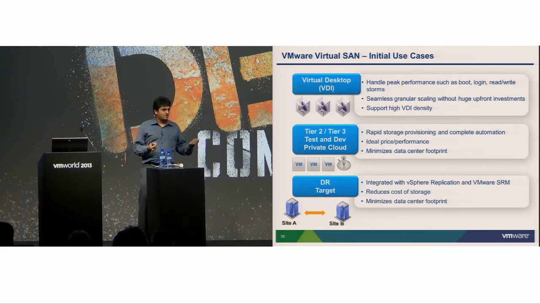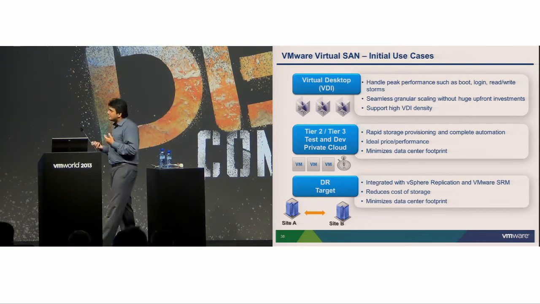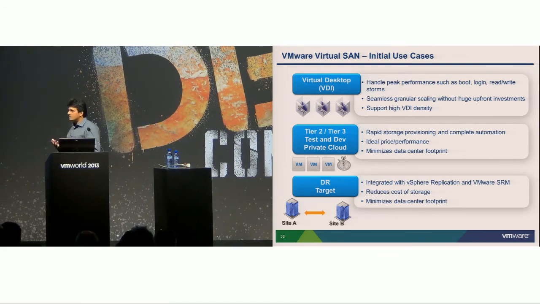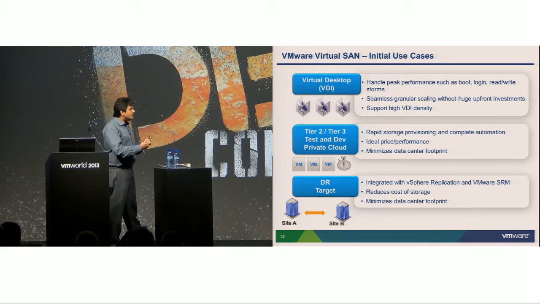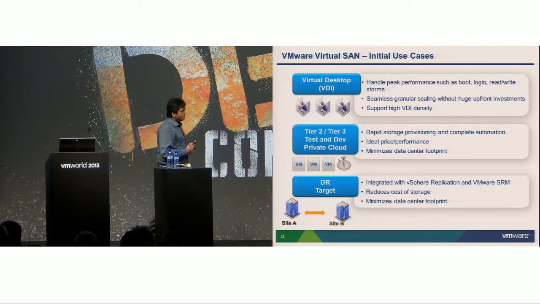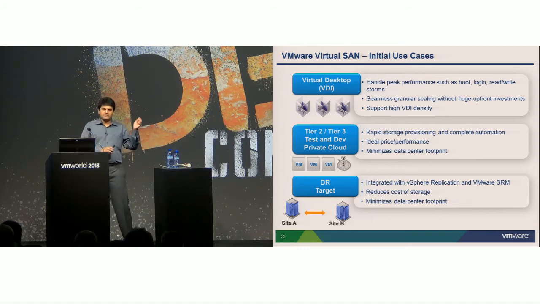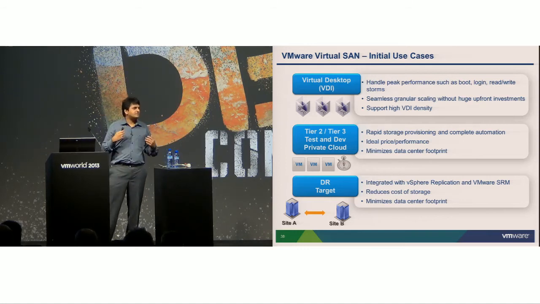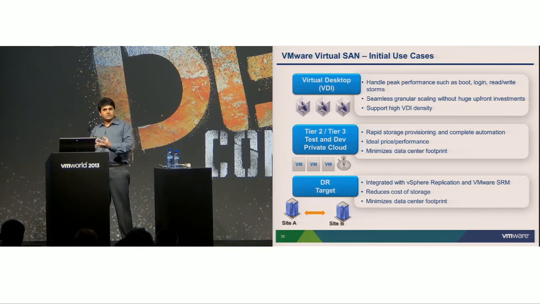Your storage cost becomes prohibitively high, and so vSAN, because it uses local disk, is a good target. Being a DR target is a good use case for vSAN because you lower your cost of storage on your DR site. Of course, for this to happen, you need to have some kind of a host-based replication solution to replicate the data. But the cost of storage itself as a DR target is lowered with vSAN.